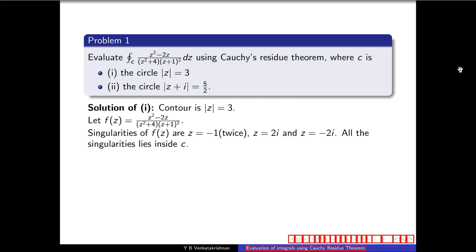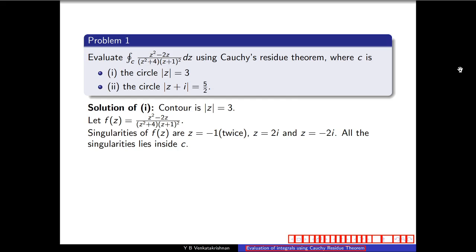So we have to calculate the residues which lie inside the circle mod z is equal to 3. When a singularity lies outside C, then that does not contribute to the value of the integral.